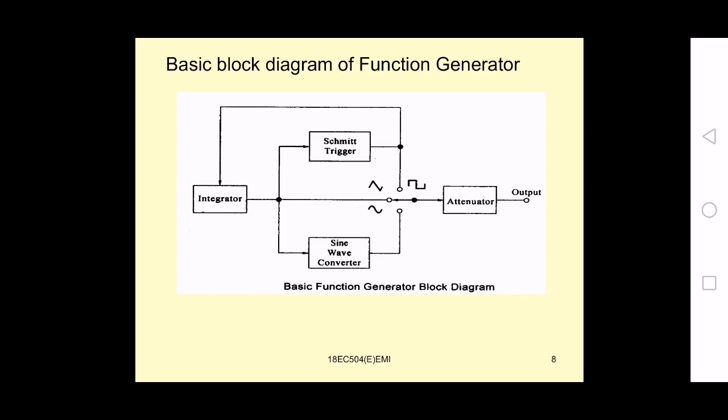From this diagram you can see the integrator output is the triangular wave, the output of the Schmitt trigger is square wave, and the output of the sine wave shaper is the sine wave. So all are going to an attenuator and you are getting the outputs. This is the basic block diagram, not the detailed block diagram.